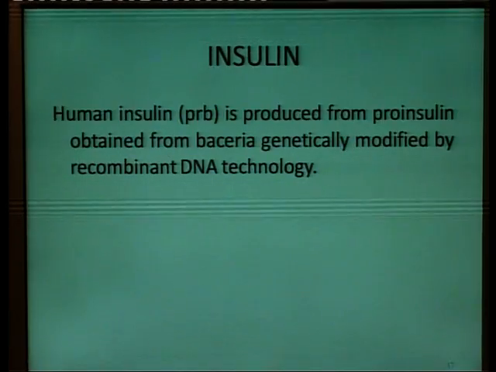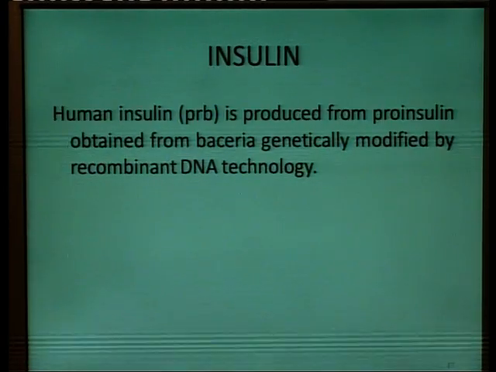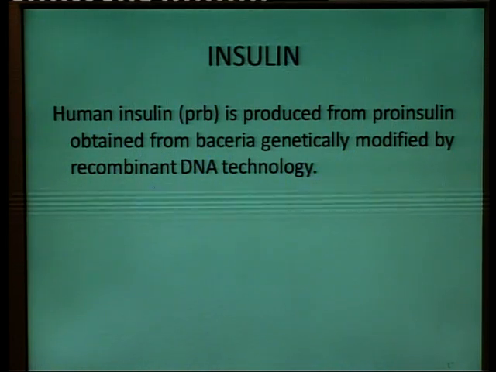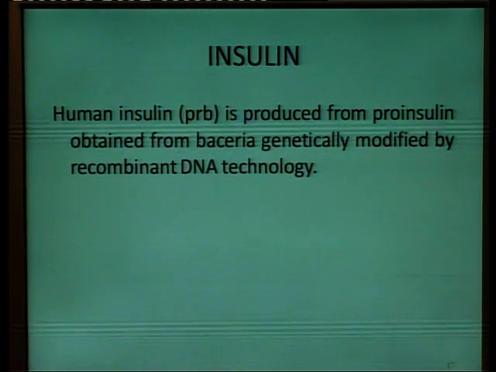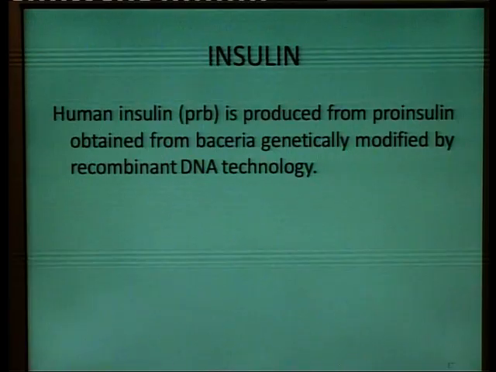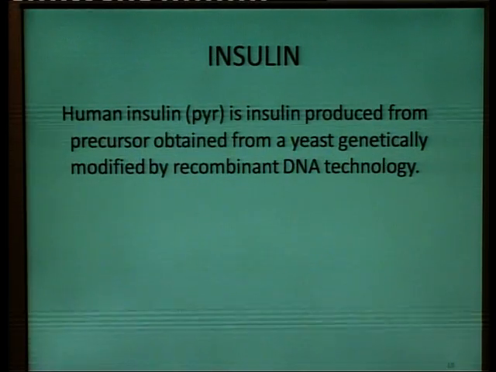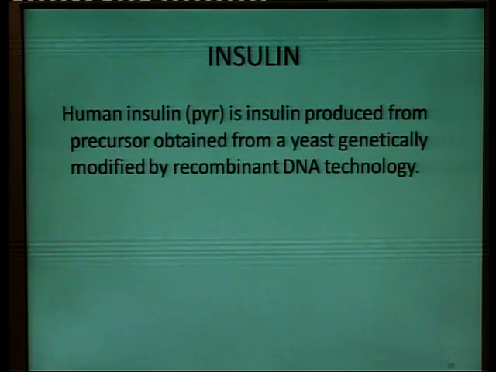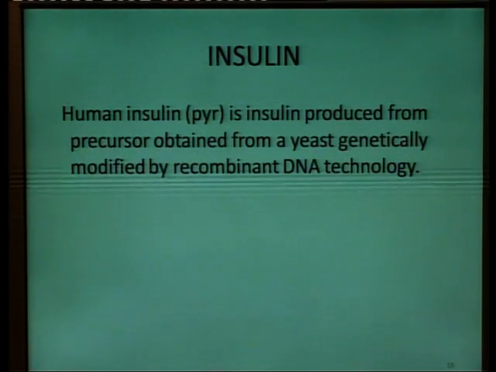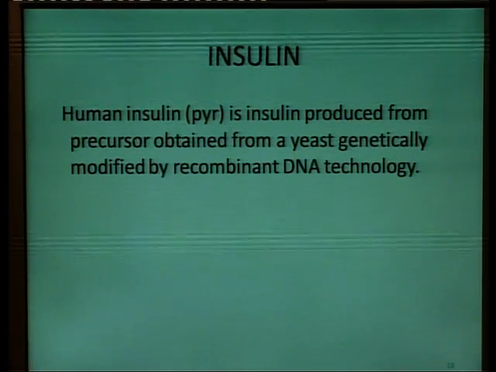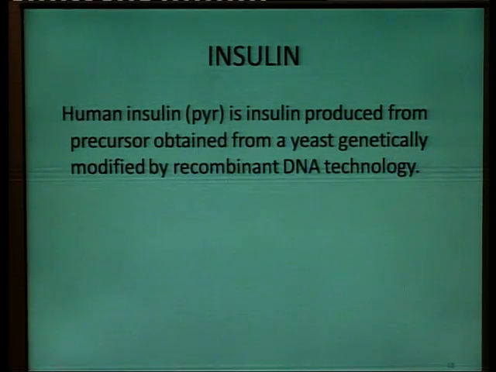Human insulin PRB is produced from proinsulin obtained from bacteria genetically modified by recombinant DNA technology. Human insulin PYR is insulin produced from a precursor obtained from yeast genetically modified by recombinant DNA technology.